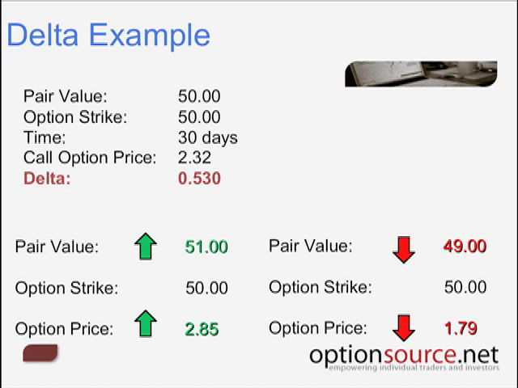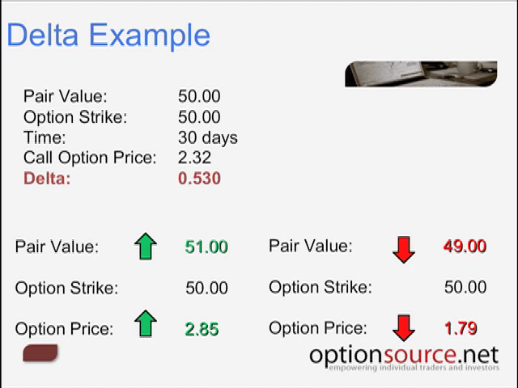Now, what's interesting, in the event that the pair value starts to move against us, is that the delta actually decreases. So, for example, if we start off with a delta of 0.53 and then the underlying security drops that 1 point, the initial drop is going to have an impact of, say, 0.53.